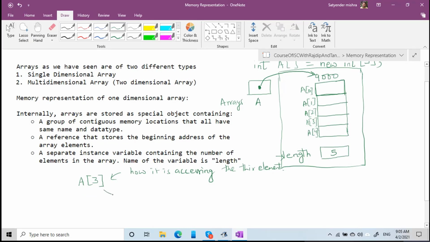There is one internal calculation going on: the name of the array plus size of data type multiplied by index value.